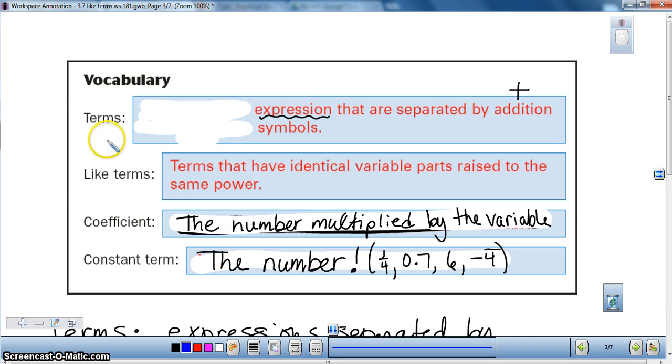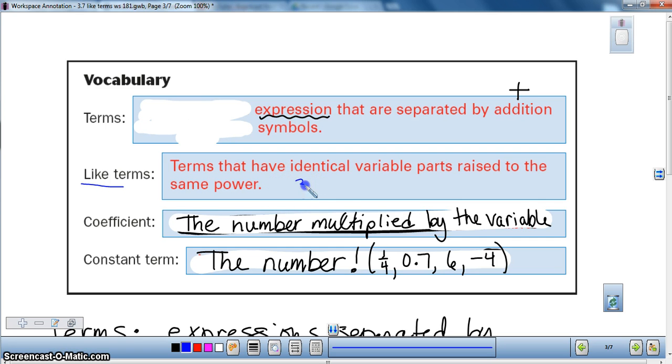A term. Terms are expressions that are separated by addition symbols. Key thing, we're always going to change our subtraction to addition if we have it. Like terms. Terms that have the identical variable parts raised to the same power.